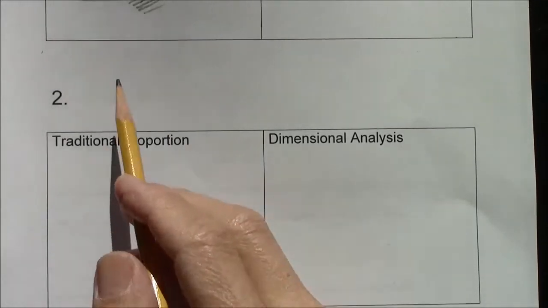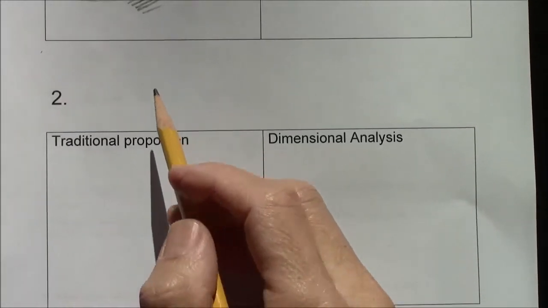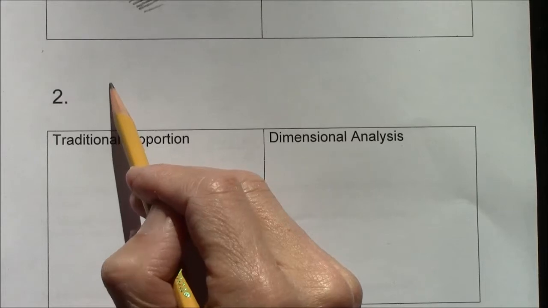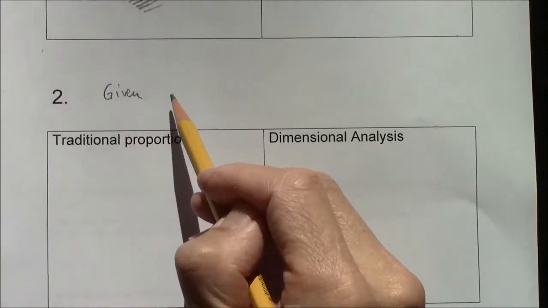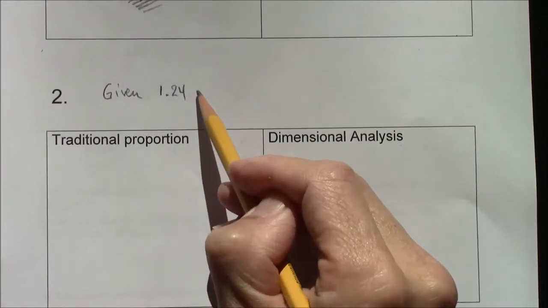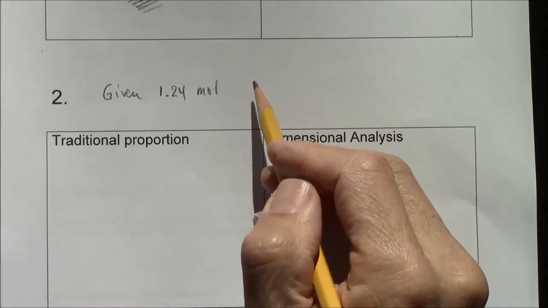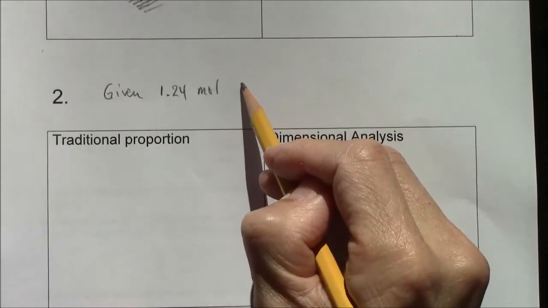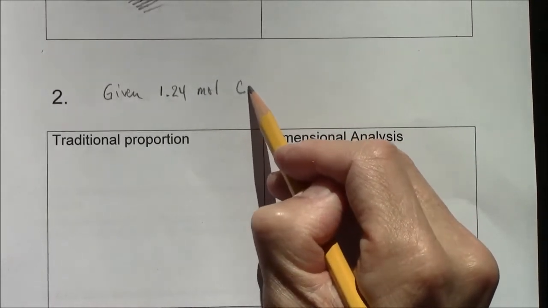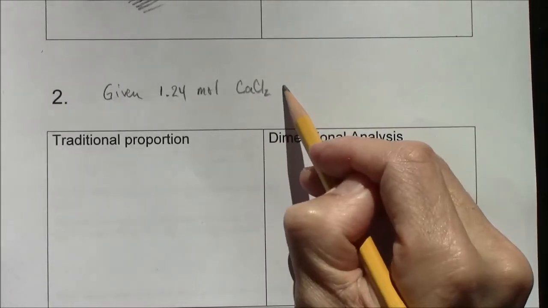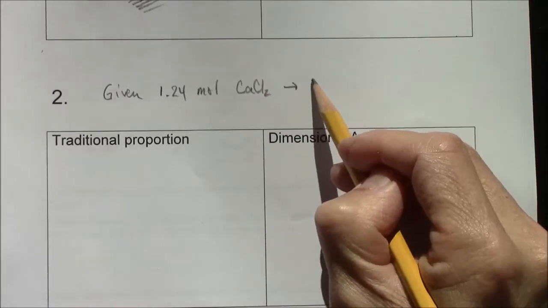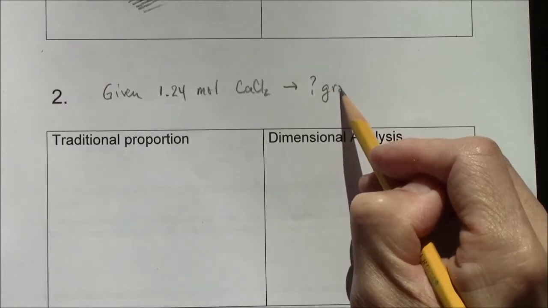Here's a second example. This one will be involving grams and moles. Given 1.24 moles of calcium chloride. Find how many grams that is.